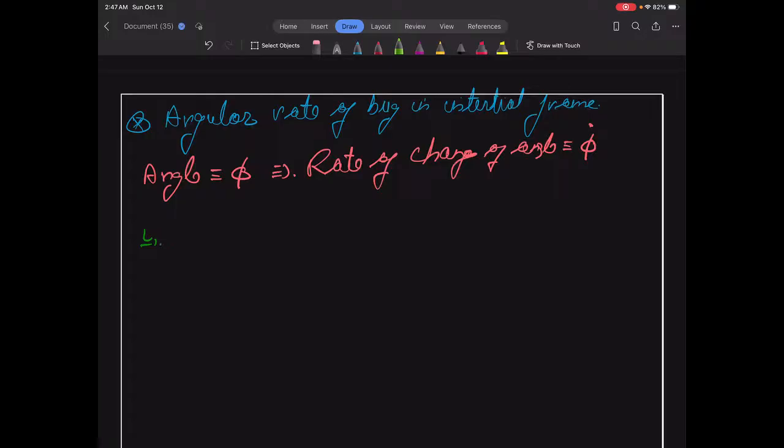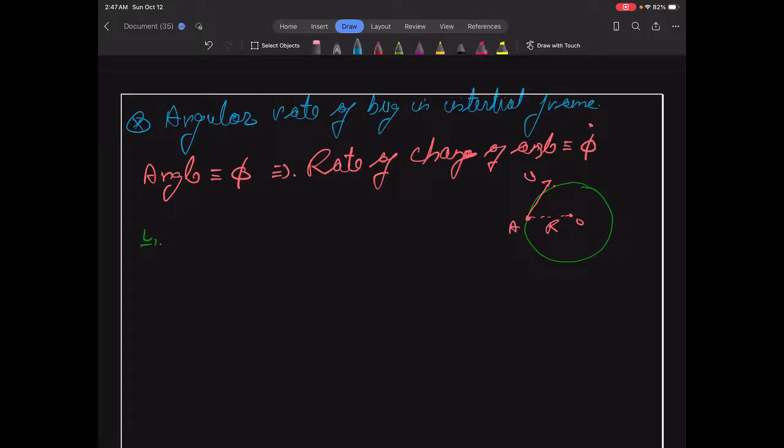If this is the ring and the bug is somewhere here walking in this direction, that will be tangential speed v, this is center O, the position is A, and this radius is r.